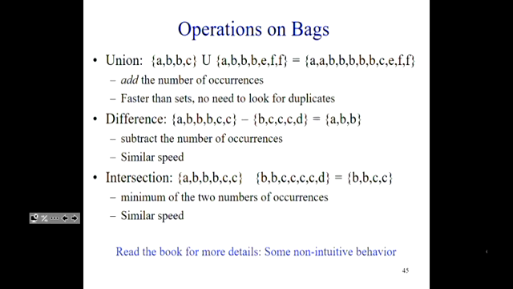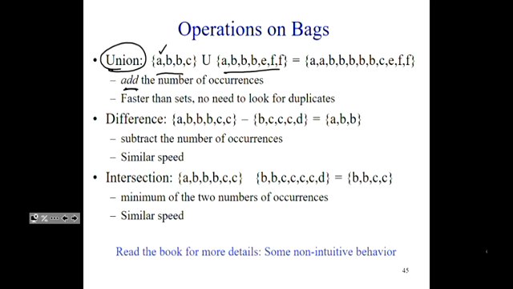Okay, so then the set-oriented notions. This is where we have to be a little careful. The projection, selection, and cross products are fairly straightforward. The set-oriented operations are a little more tricky. For the union operation, if I'm trying to do a union of 2 sets, what I'm going to end up doing is adding the number of occurrences in the 2 sets.